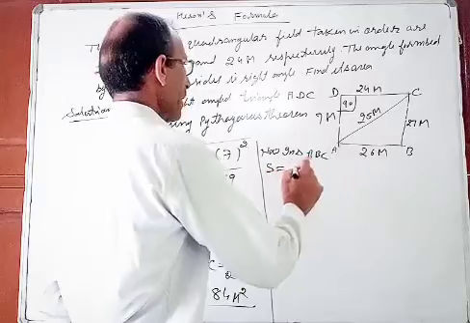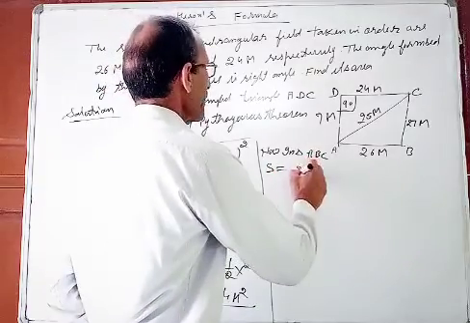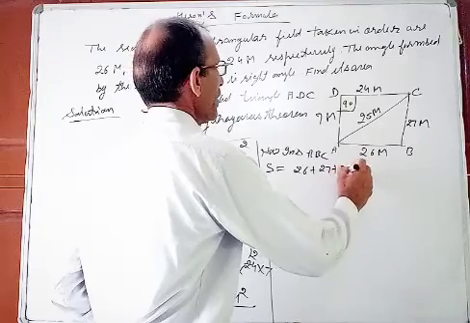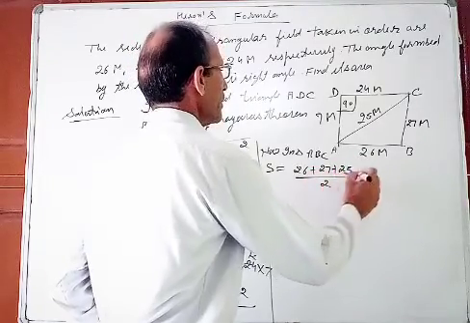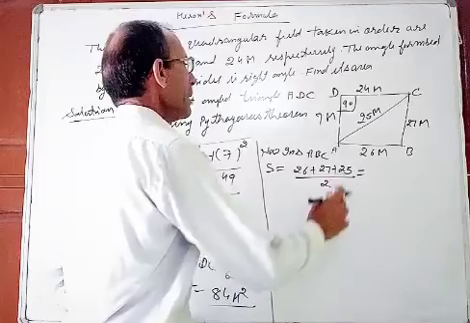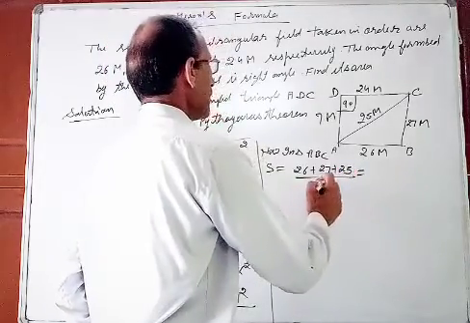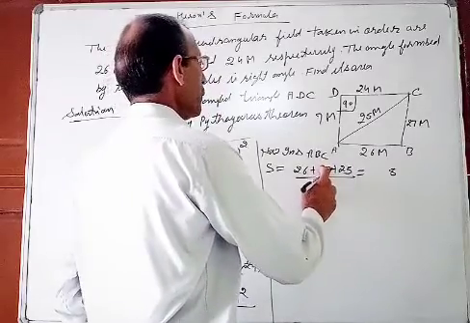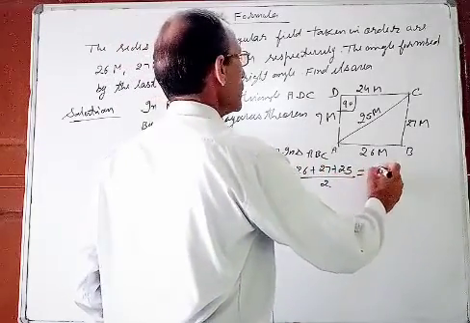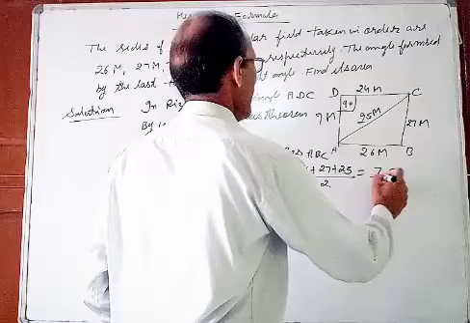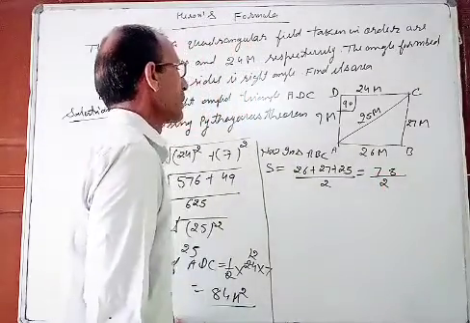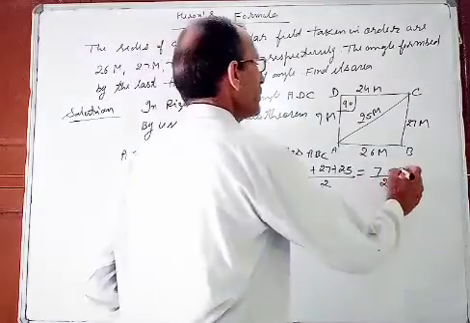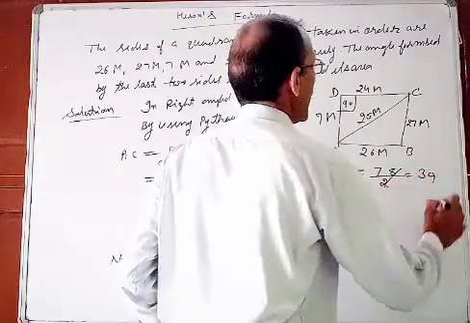S is equal to 26 plus 27 plus 25 by 2. 7 and 5, 12, 12 and 6, 18. 3 and 2, 5, 5 and 2, 7. 78 by 2, it means 39.